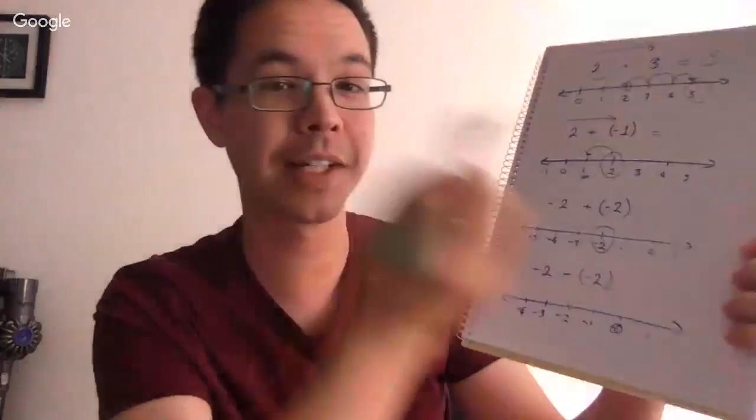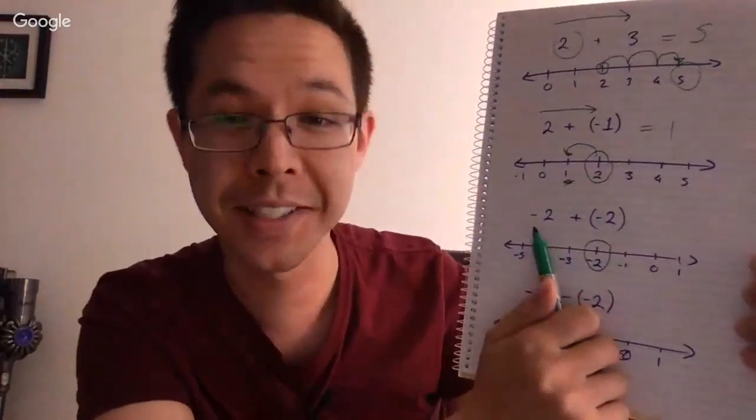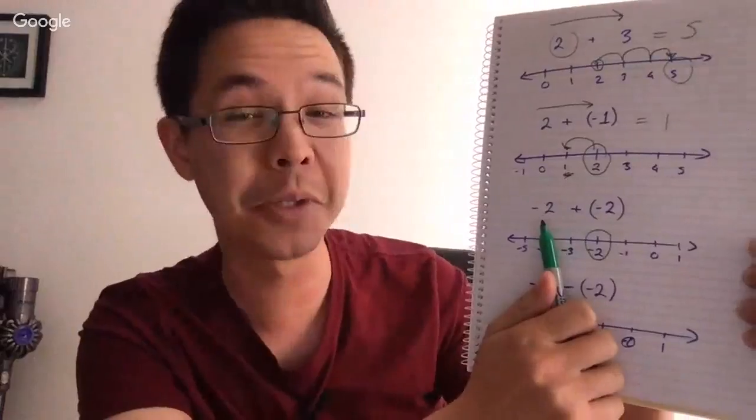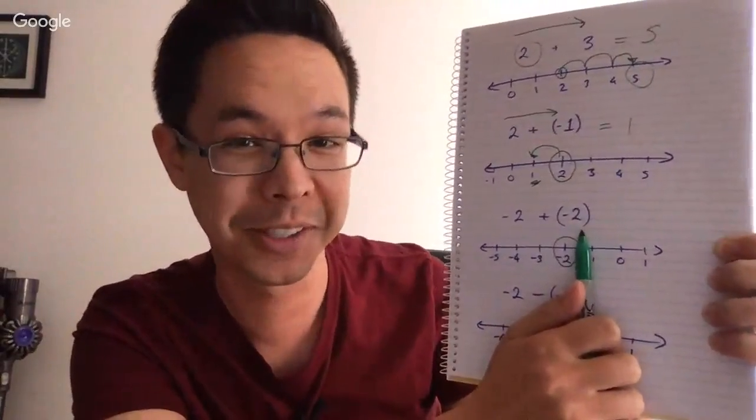The way I keep my head straight is I like to think about my bank account, which is in a very sorry state right now. If I start translating it into banking, I think you'll get where we're going. I start off with a negative $2 bank account balance, meaning that I owe the bank $2. And then I'm going to add another debt of $2.